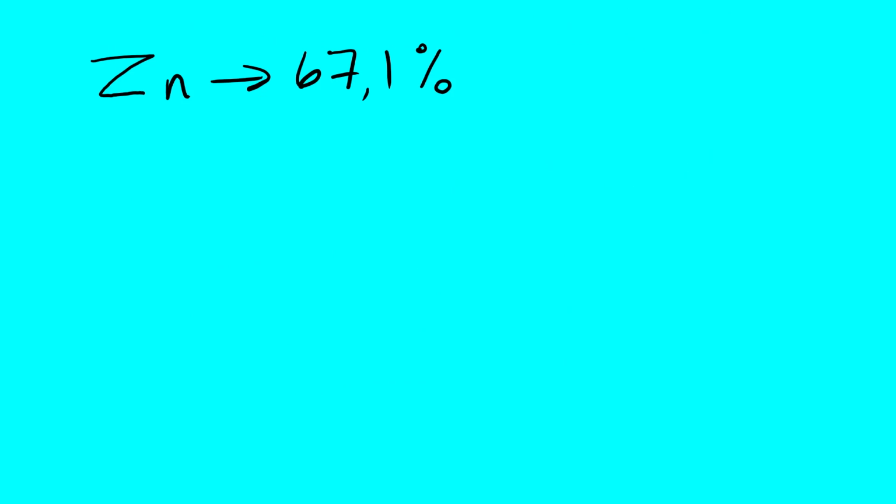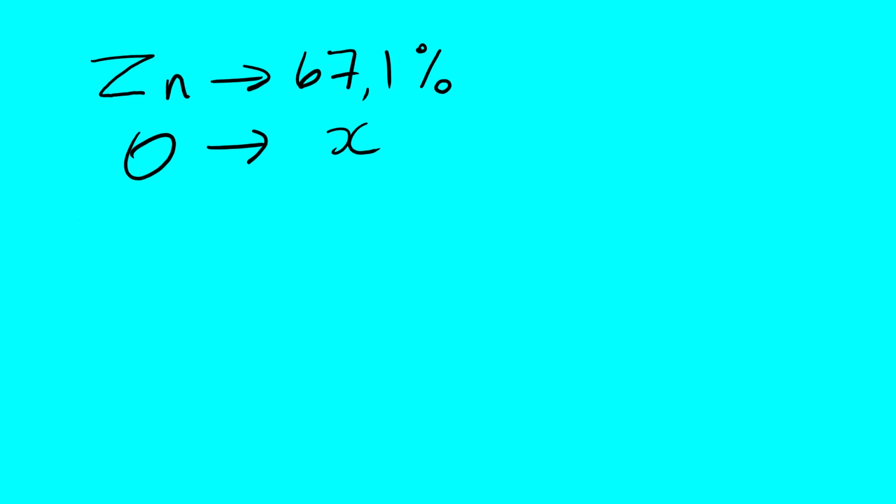Our next example is saying, what is the empirical formula of a compound which contains 67.1% of zinc and the rest is oxygen? So for oxygen, initially we have to calculate it. How do you determine the percentage of oxygen?